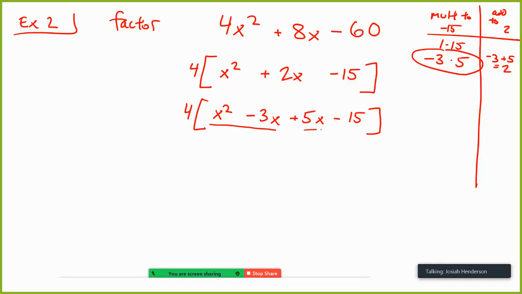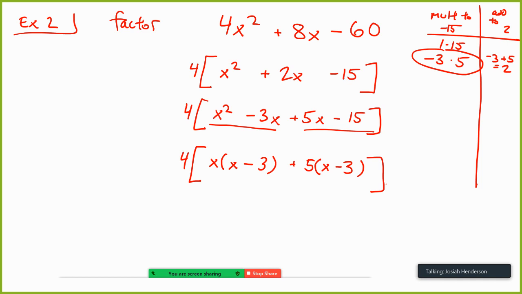Factor the first 2 and the last 2. We can factor out x, and we're left with x minus 3. We can factor out 5, and we're left with x minus 3. And just notice this is all happening inside those brackets we made.